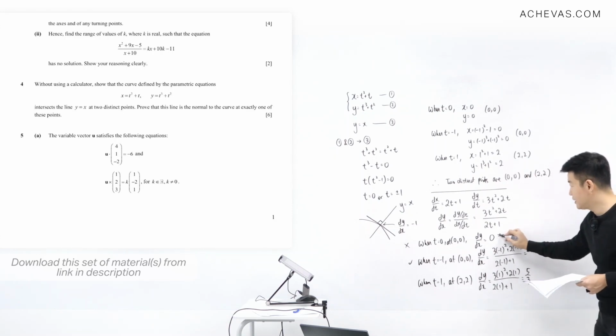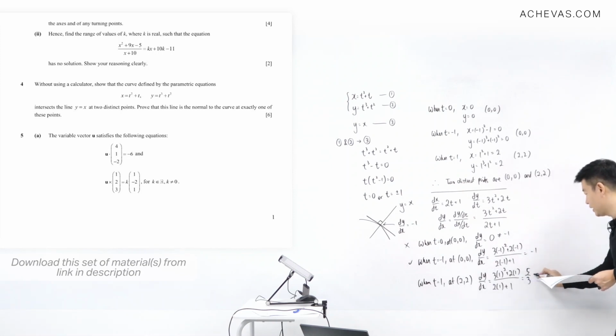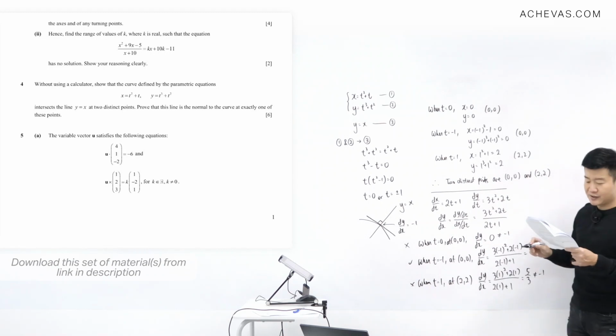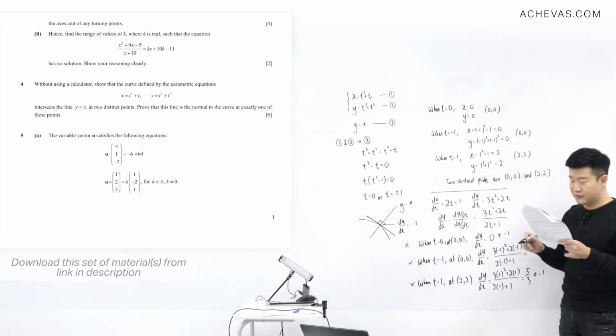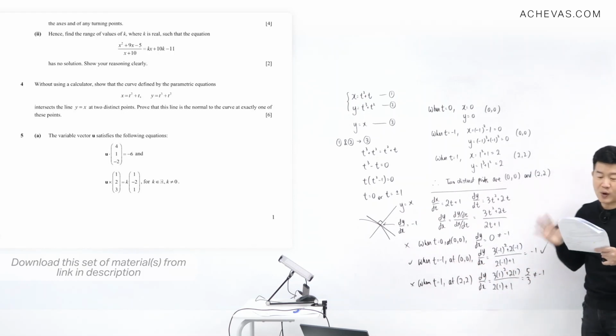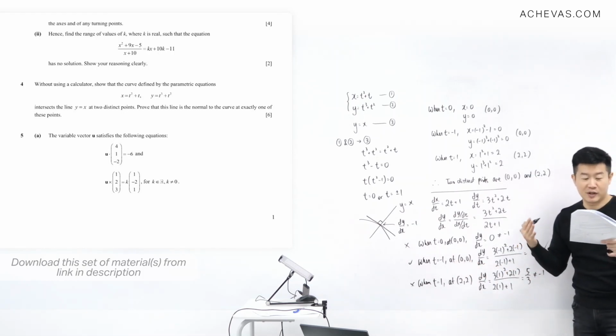So this is not equal to -1 that we are supposed to find. So the only point that gives us a normal to the curve of y = x is this one. Only one of them, which proves what the question wants us to prove.